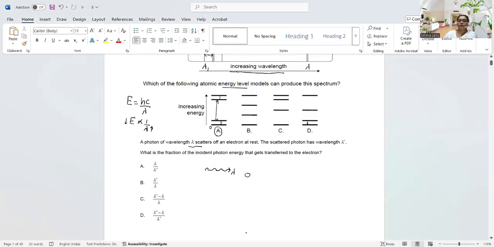There are two paths. This is the scattered photon and this is the scattered electron. The scattered photon has a wavelength lambda dash. So the incoming photon was lambda, and the scattered photon has wavelength lambda dash.